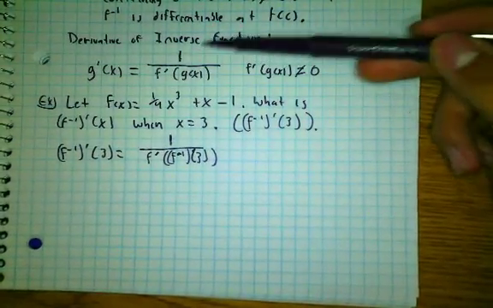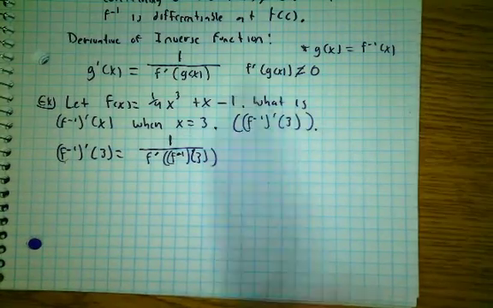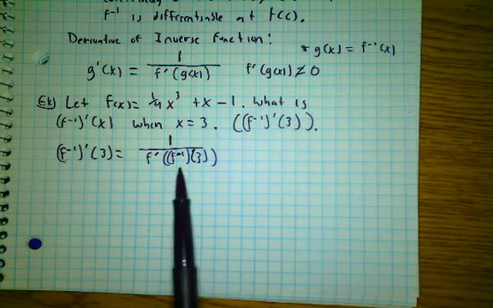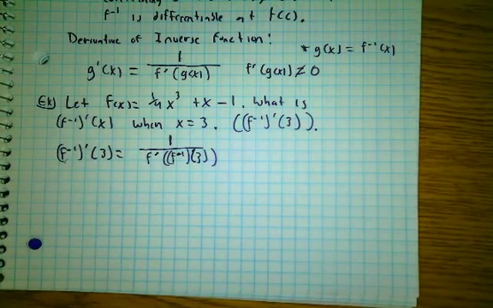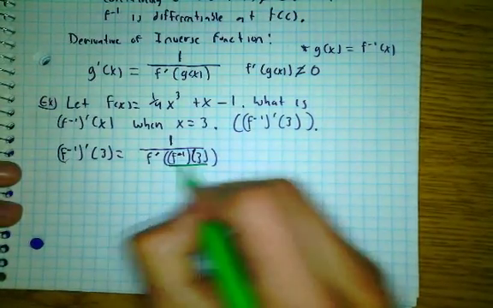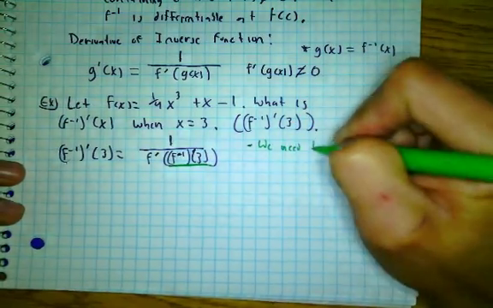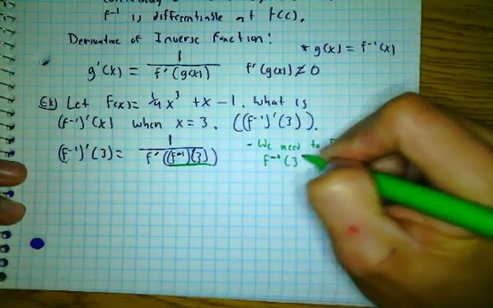So the derivative of the inverse function at 3 is going to be 1 divided by the derivative of f at the inverse function of f evaluated at 3. You guys with me? Okay, all I did was plug in information. In order for us to solve this problem, we need to figure out what this is. Do you guys agree? So step 1, we need to figure out what that's equal to, right?